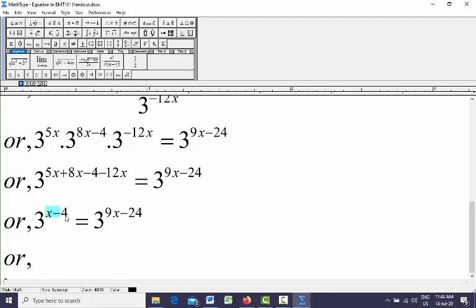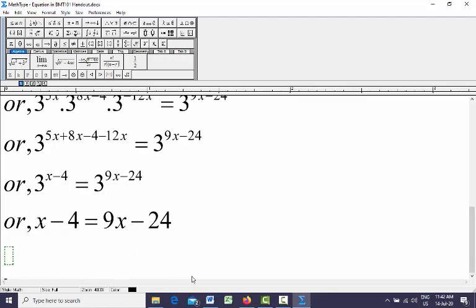That means, in such case, x minus 4 is equal to 9x minus 24. So x minus 4 is equal to 9x minus 24. Okay, now we'll do just some simplification.